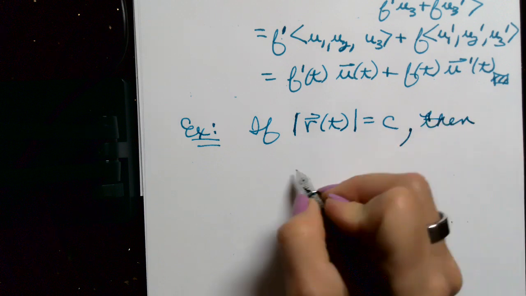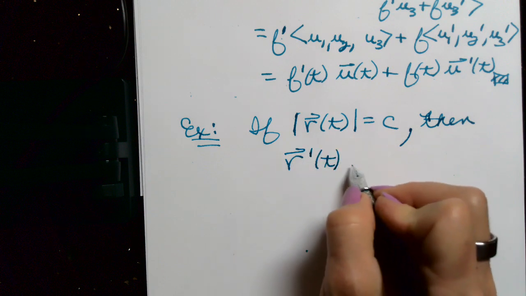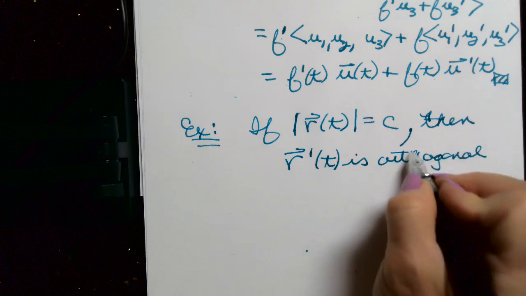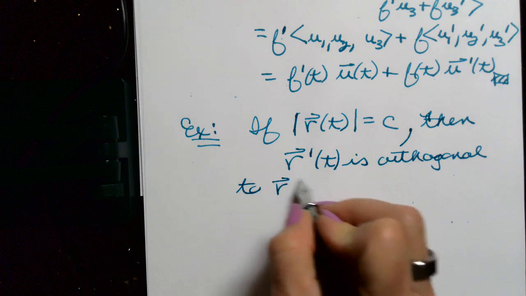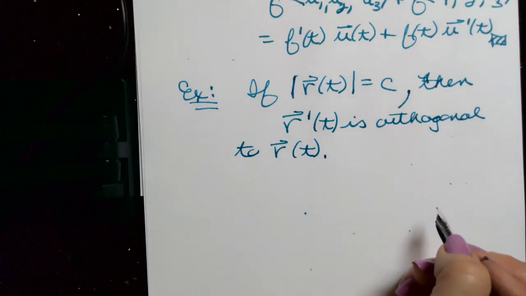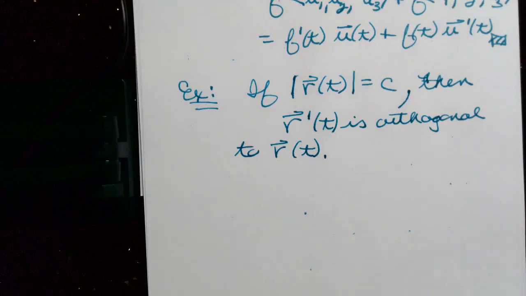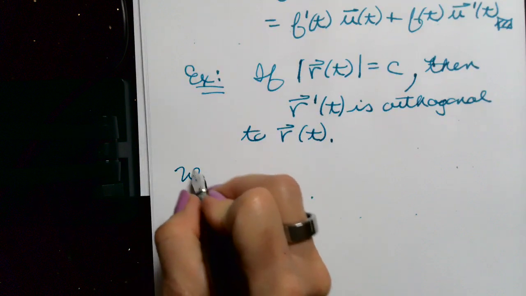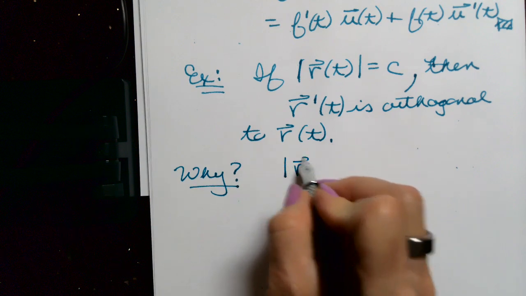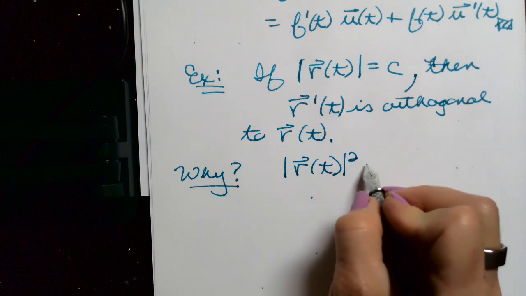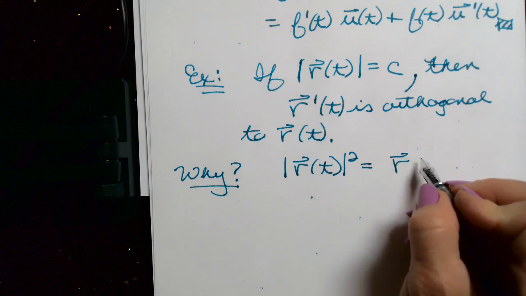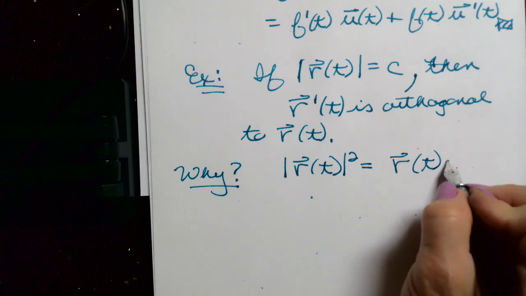Then the tangent vector to that curve, r prime of t, is orthogonal to the vector valued function r of t. That's always true. Let's see why that's true. Well, the length of r squared is equal to what? By definition of the dot product, that is r of t dotted with r of t.